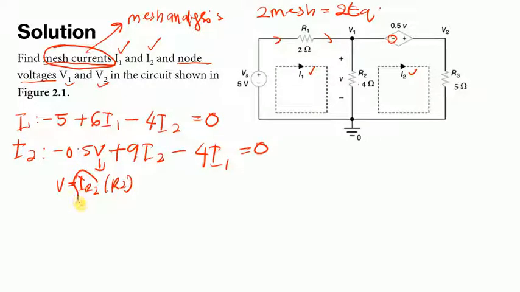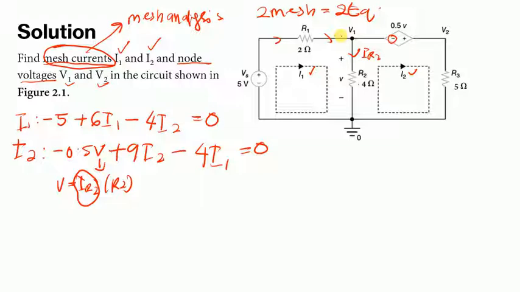So what is the value of this IR2? If you look at this branch, let's just write it like this.